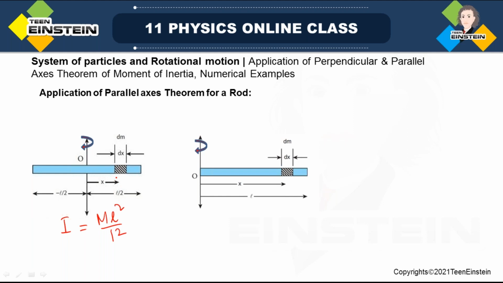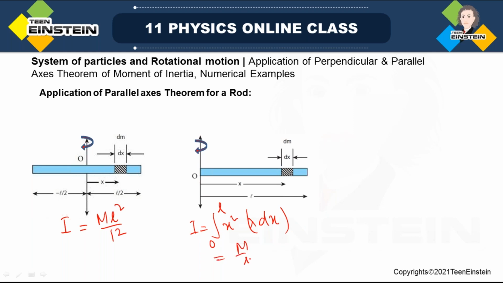This you can do as I had done earlier. You can do it directly, you can write I is equal to x square into lambda dx, and you can take the limit from 0 to L. You can do this in integration.